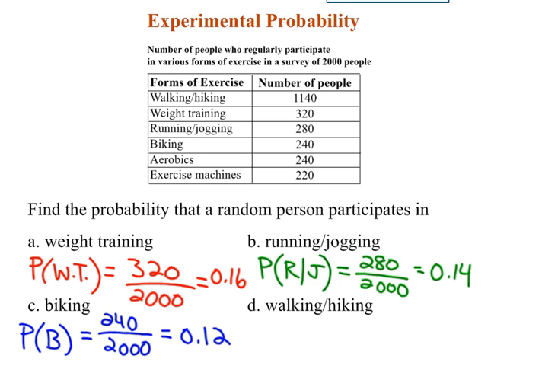And last but not least, probability that somebody is a walker or a hiker. We can see from the table that there were 1,140 people that said they walked or hiked out of the 2,000 people that took the survey. 0.57.